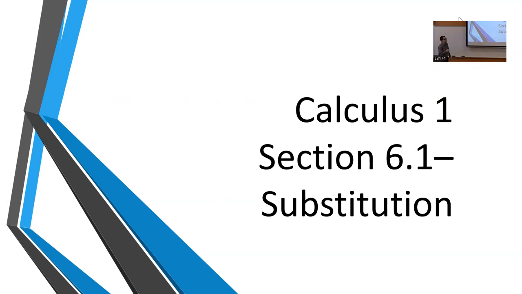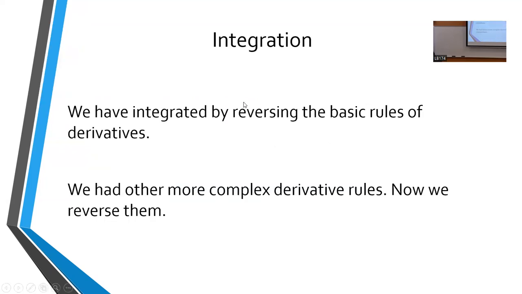Most of chapter 6 is going to be different ways of finding antiderivatives. Okay. We obviously have some baseline rules that we learned in chapter 5, like how to integrate x to a power, how to integrate e to the x, so on and so forth, all our trig functions. But now we're going to look at more complicated functions and see how that works.